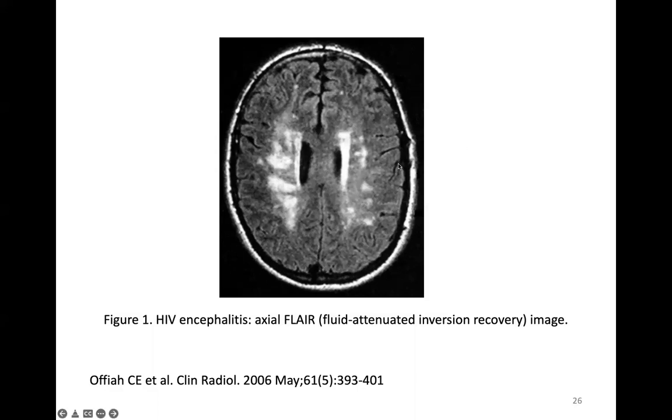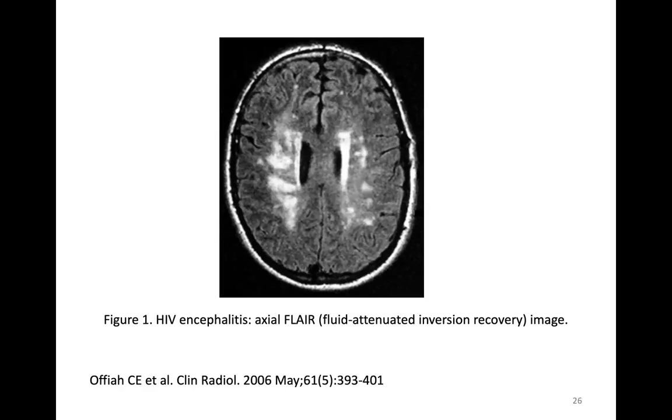As you see in your picture here, it is an MRI, a FLAIR sequence. You see bilateral periventricular deep white matter hyperintensities on both sides. So it's bilateral and symmetrical. Being symmetrical already starts to make you not think of PML, because both PML and HIV encephalitis can give you bilateral disease, but the other one may not be as symmetrical.